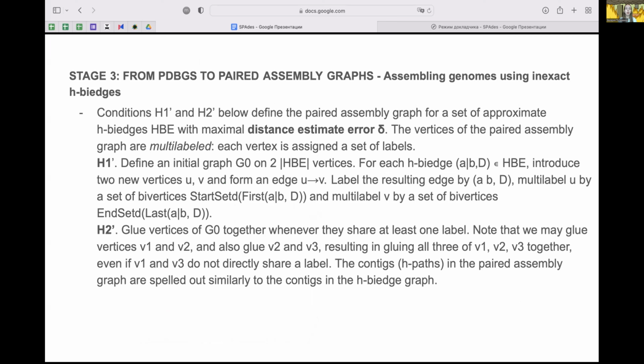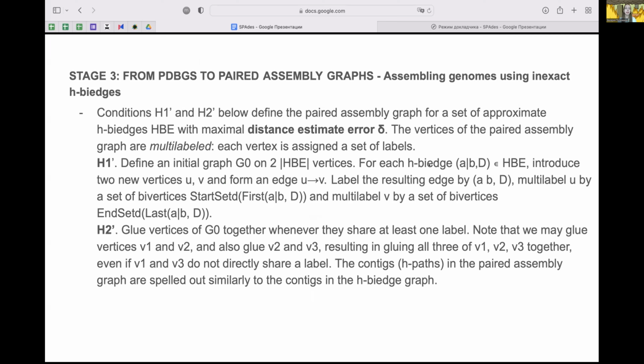multi-label graph. And now our rules are: first, define an initial graph G0 on HBH vertices. For each HBH, introduce 2 new vertices, as we had in the previous algorithm. But now our labels are multi-labels.